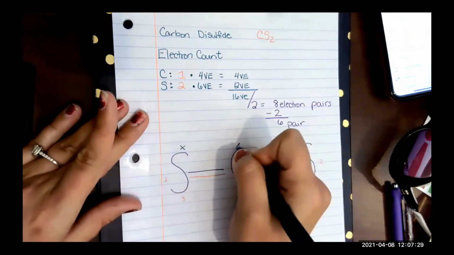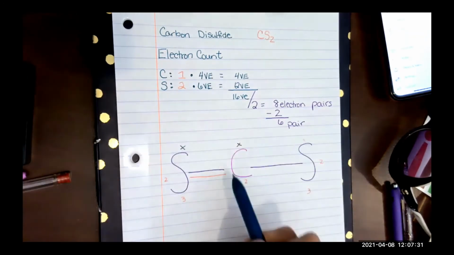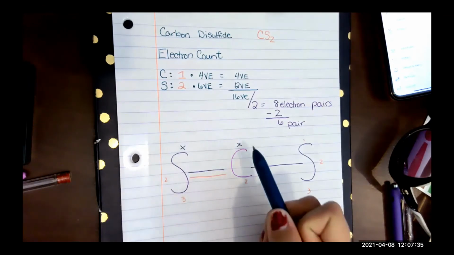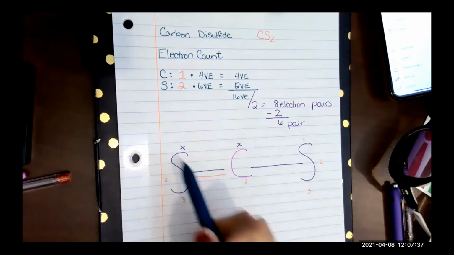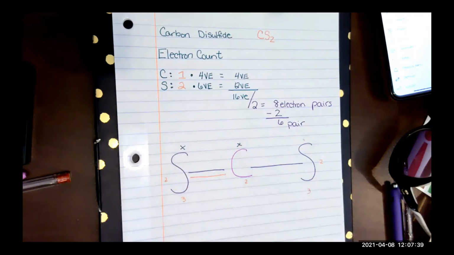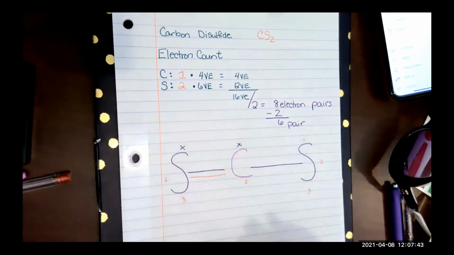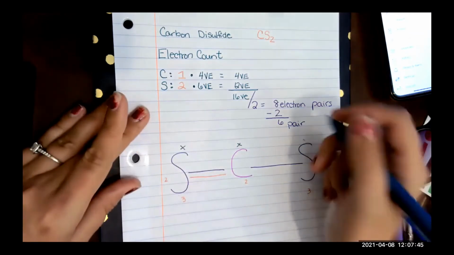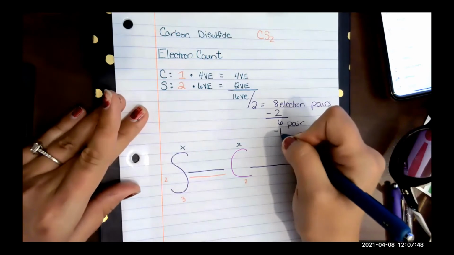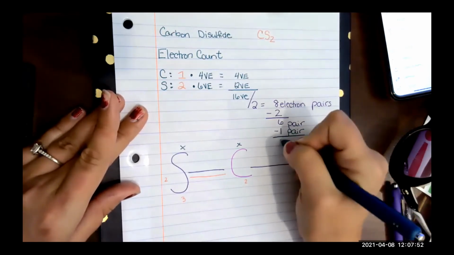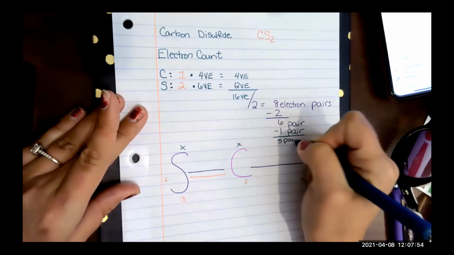We no longer need these, because that double bond replaced both this one and this one, because it's shared by both. So a double bond is very powerful; the bond that we added takes the place of both. Now we subtract 1 pair, because that's what we just added. So now we have 5 pairs to use.